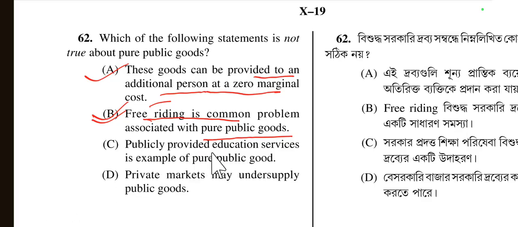Then publicly provided education service is an example of pure public good. No, publicly provided education is not an example of pure public good. It is one type of public good, but it is called a merit good. Why is it called a merit good? Because in public good there are two main characteristics: one is non-excludability and the other is non-rivalry.